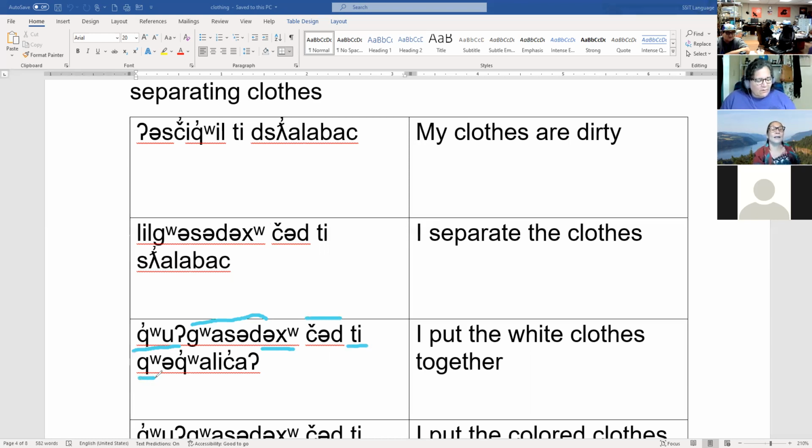Qual Qua. Qua. Qua. Oli We. Cha Ta Ta. Ta. was Qualita. Alita Was. Guasada. Chati.